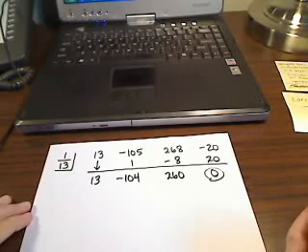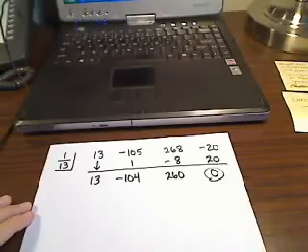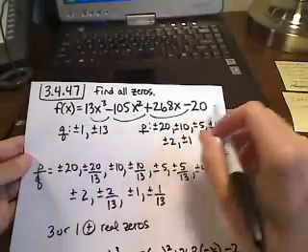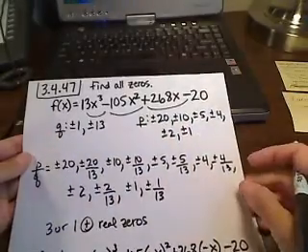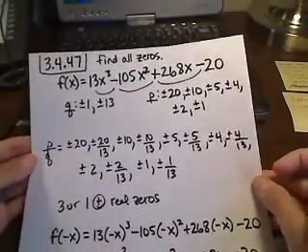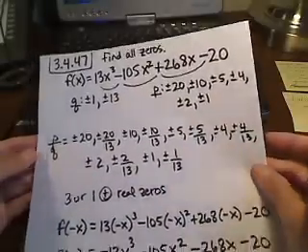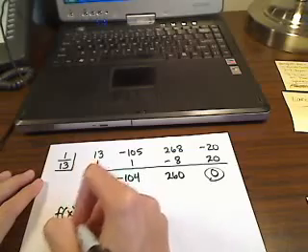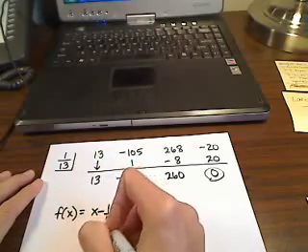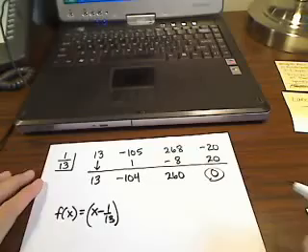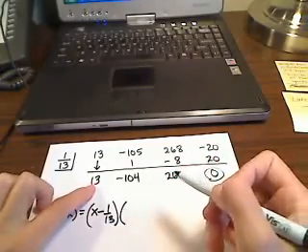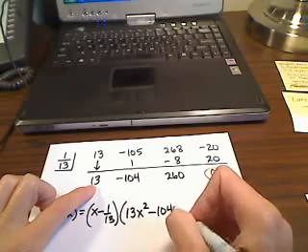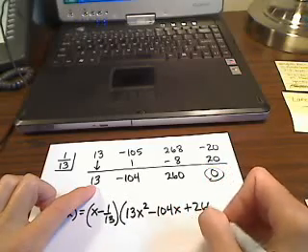It's also going to allow me to factor my original function, because if you take a look at your original function, we need to be able to factor it in order to solve. So what this tells me is that f of x now factors into x minus 1/13, and that's one of our factors, and my depressed equation is 13x squared minus 104x plus 260.